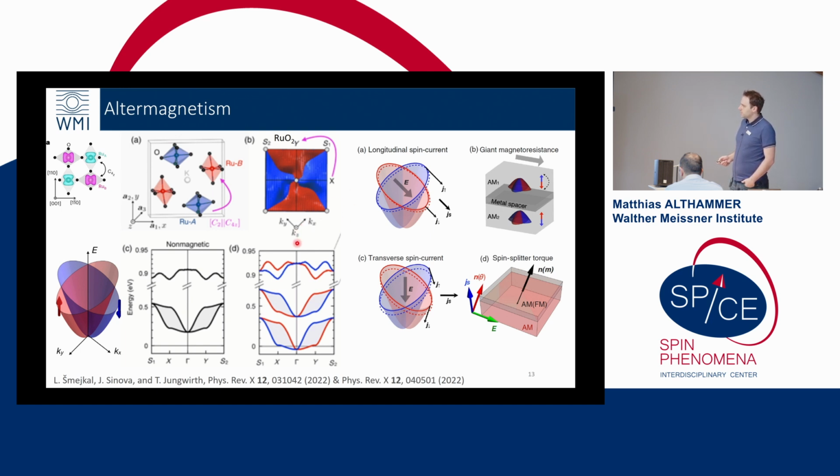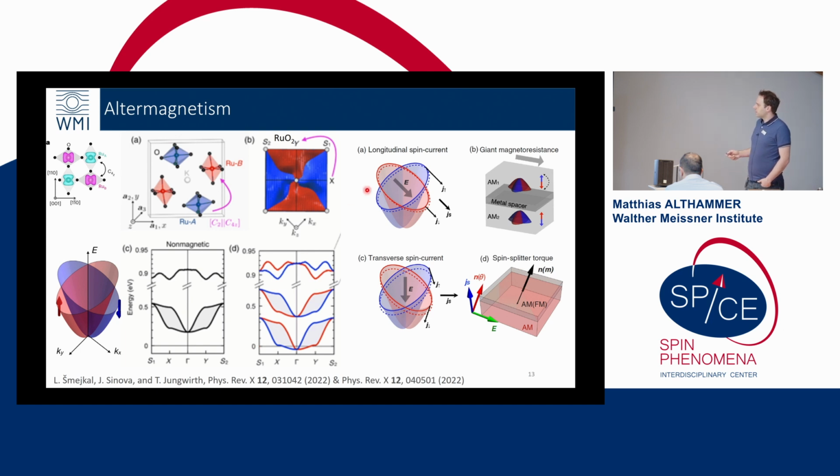And now here's also some structure where you see that this spin splitting is not only happening for a specific band in the system, but is also found in different electronic bands at higher energies.